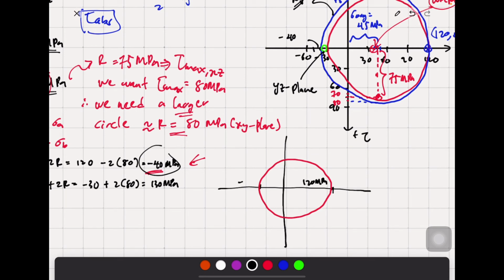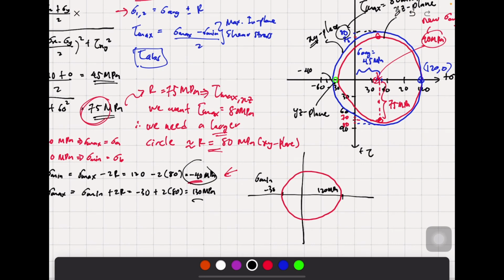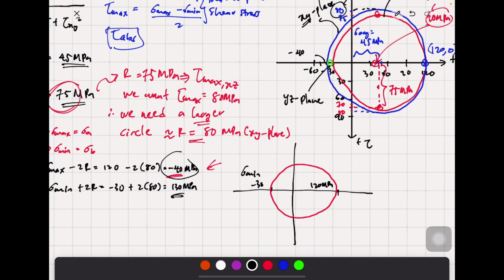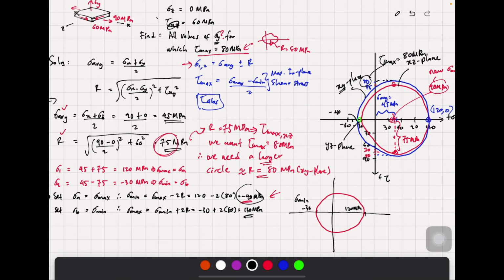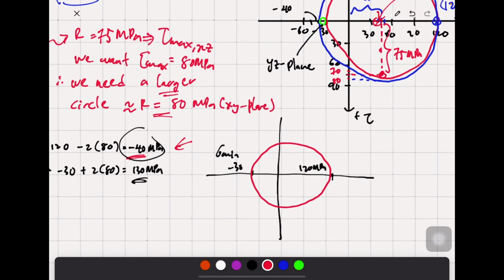This is negative 30, which is sigma mean in our calculation. Now by using what we already computed, we already computed that 130 megapascal is the new maximum when sigma b negative 30 is your minimum. So the circle is going to be shifted. We need a larger one, and it's going to be shifted like so.